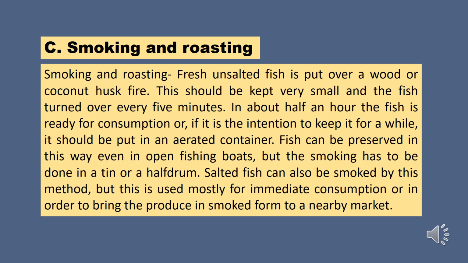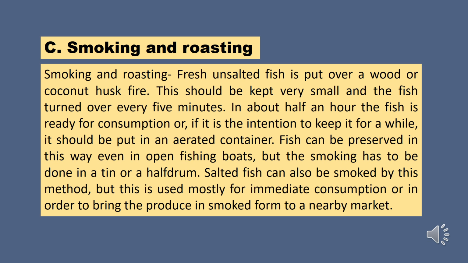The correct answer is letter C. Smoking and roasting. Fresh unsalted fish is put over a wood or coconut husk fire. This should be kept very small and the fish turned over every 5 minutes. In about half an hour the fish is ready for consumption, or, if it is the intention to keep it for a while, it should be put in an aerated container.